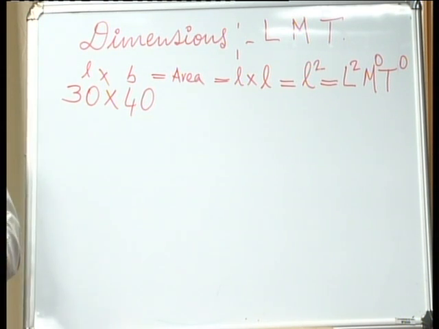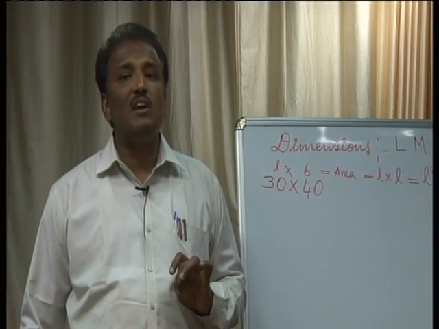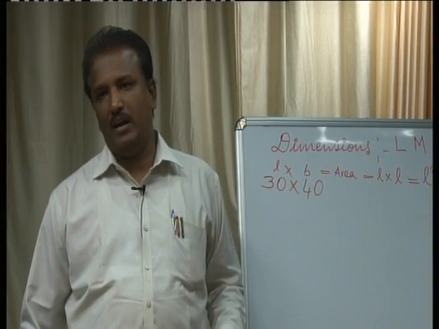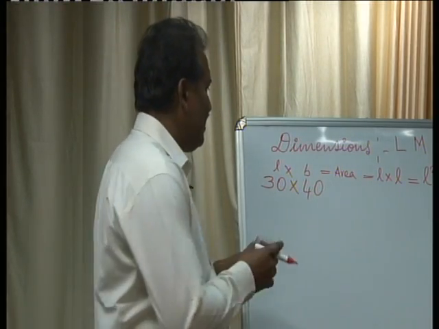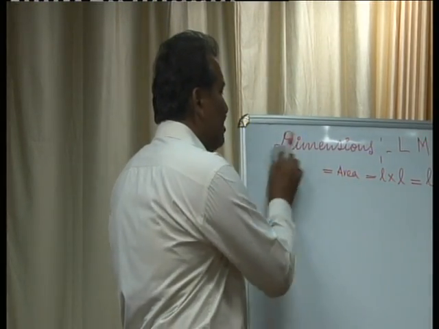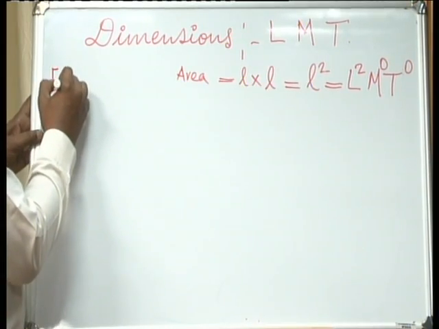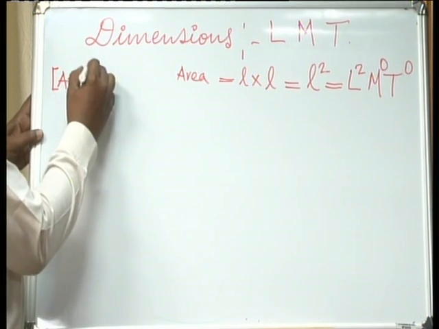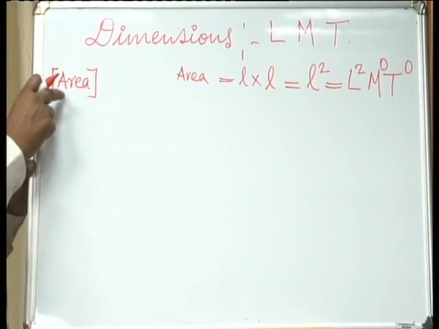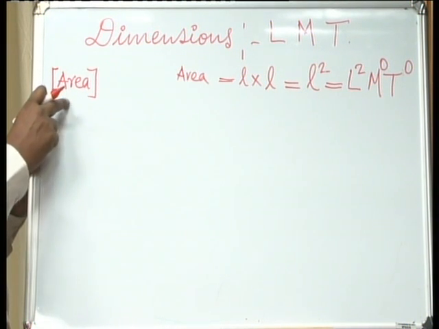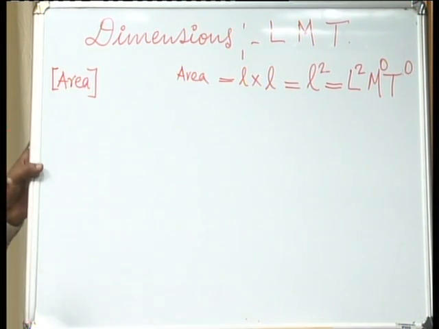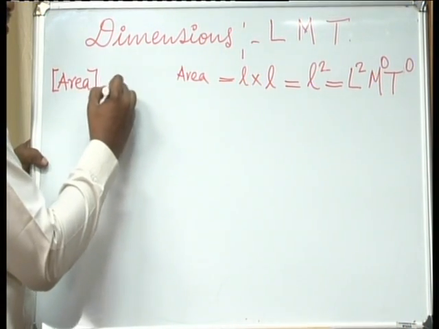Now, how to represent the dimension of a physical quantity? While writing the dimension for any physical quantity, you just write that physical quantity inside a square bracket. For example, here we are writing the dimensions of area. So, instead of writing only area, if you put a square bracket around area, you now read it as the dimensions of area. A square bracket represents the dimension of that physical quantity. Now, we know the dimension of area.